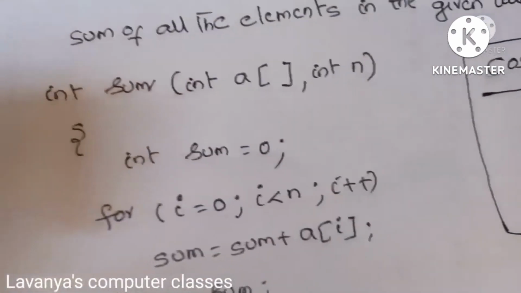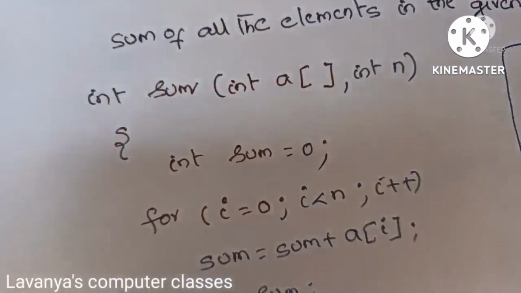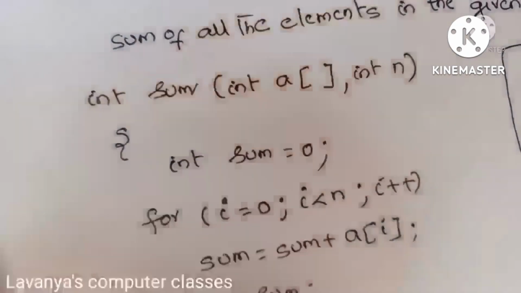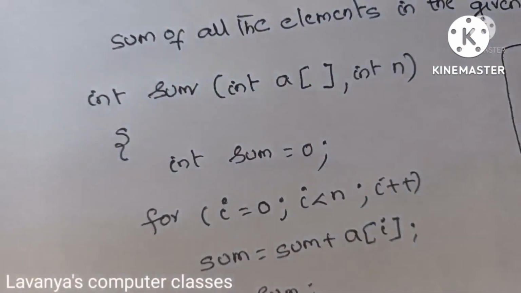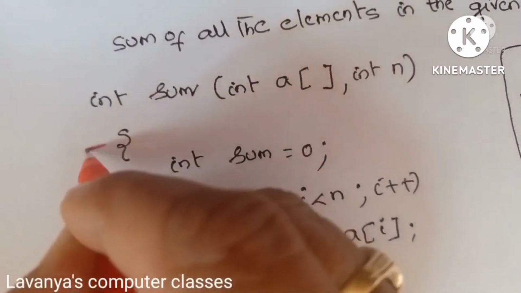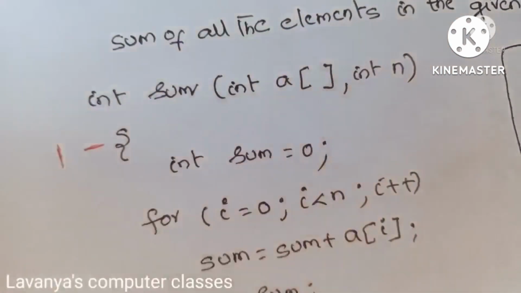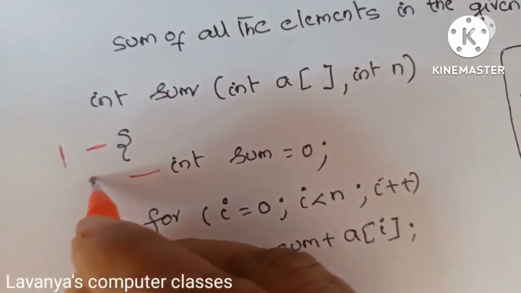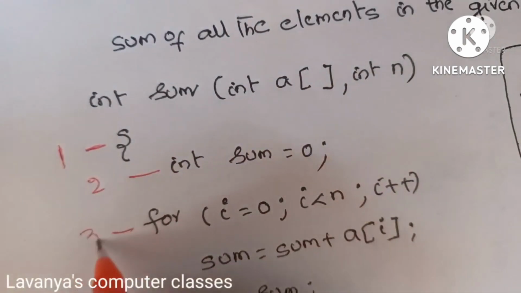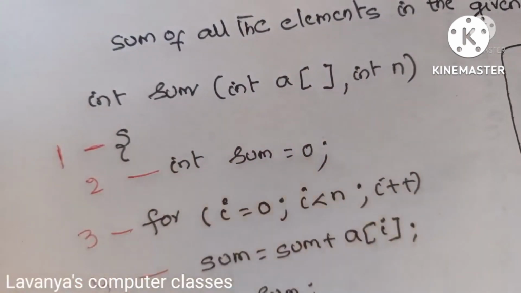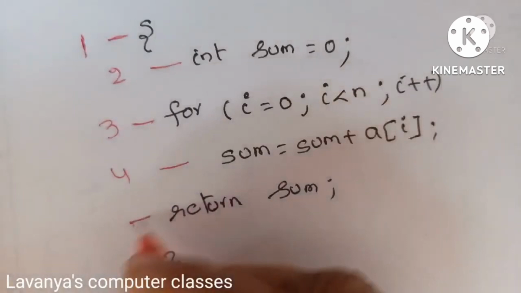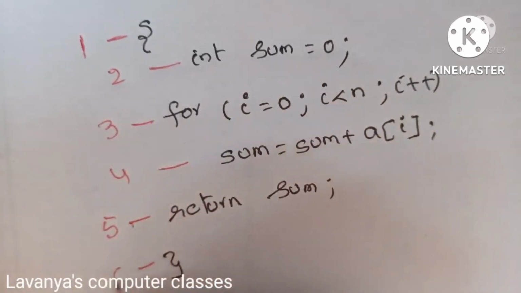In this example, first find out how many lines there are. The first one is the heading, the name of the function, the algorithm. This is not counted. The count starts from here: step 1, step 2, step 3, 4, then the output step 5, and step 6.